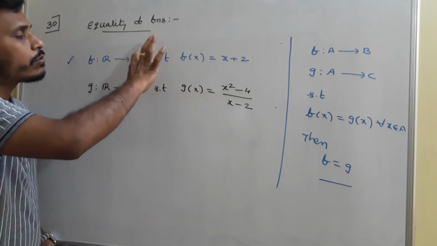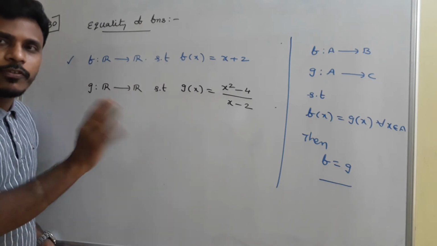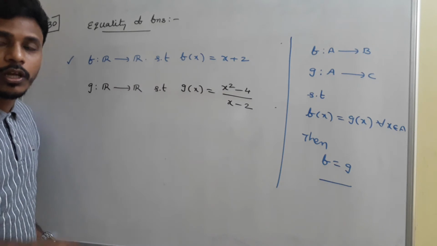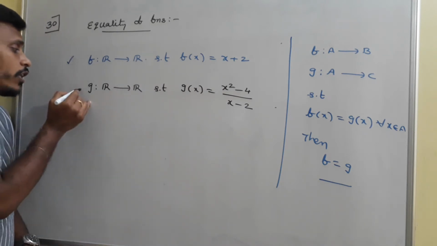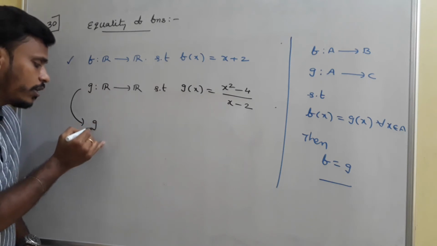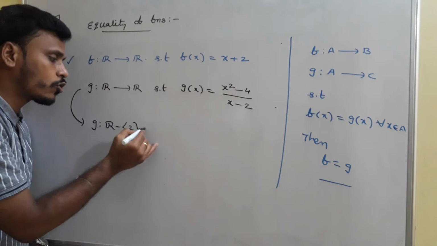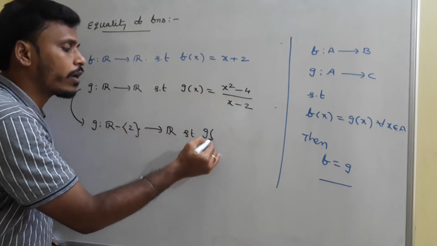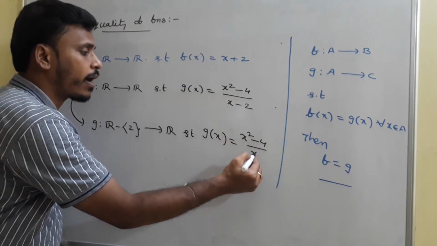So checking whether these two functions are equal or not is obviously a wrong thing, because the second one, g, is not a function actually. To make g a function, what do we need to take? We need to reconstruct g such that g is a function from real numbers minus 2 to the real numbers such that g of x is equal to (x square minus 4) by (x minus 2).